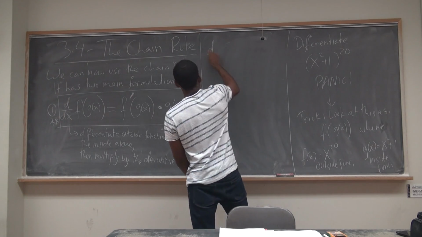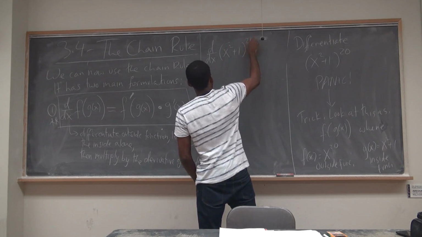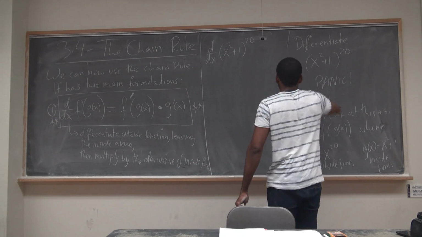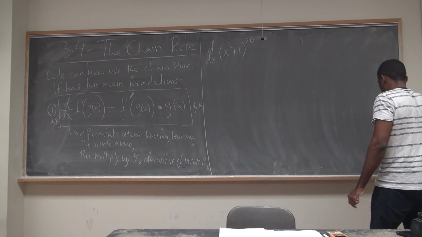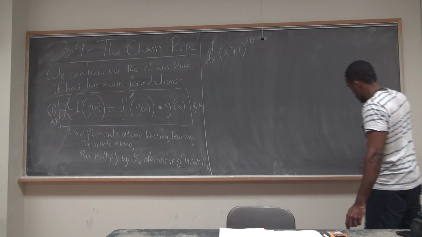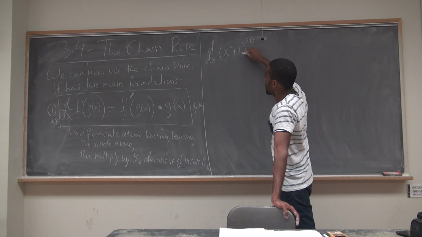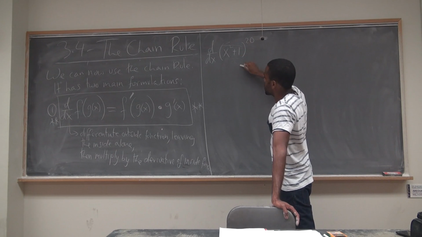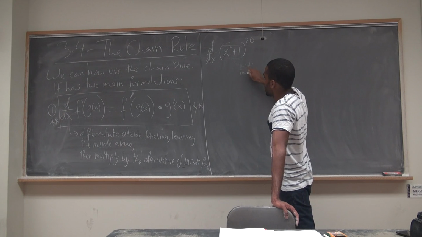So what if I wanted to differentiate x squared plus 1 to the 20th power? Notice that this guy here is my inside function. Can you do the power rule first? Yeah.